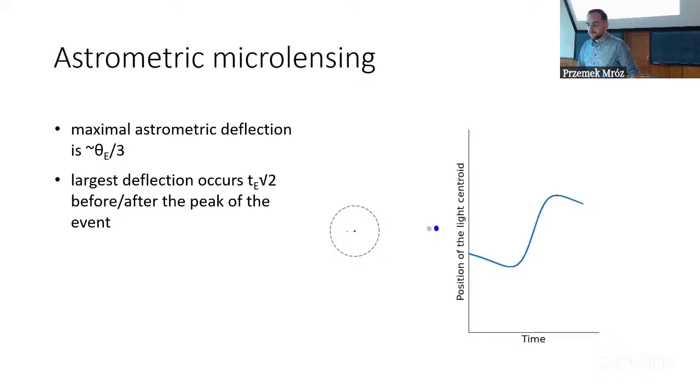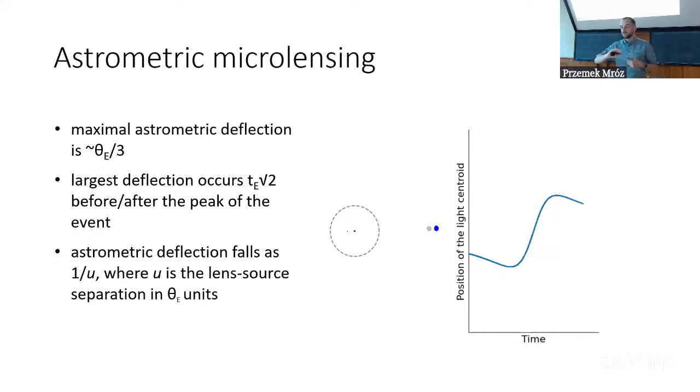But fortunately for us, the largest deflection occurs well after the peak, so we can plan our observations well in advance. And also this astrometric deflection falls relatively slowly, like 1 over the lens separation, which basically tells you that these effects can be detected for quite a long time after the event.